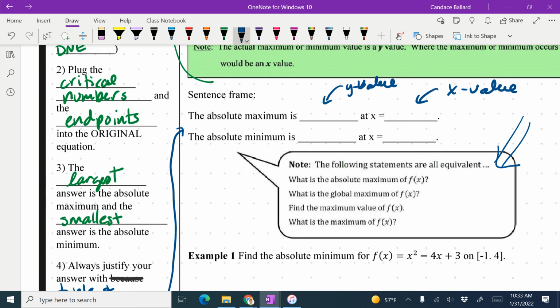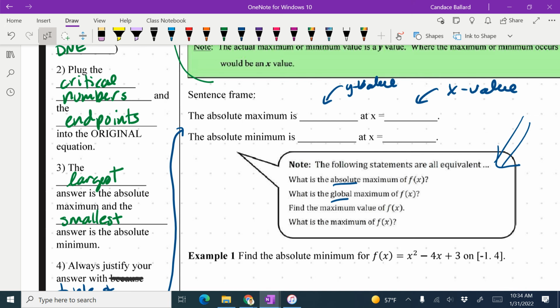You probably didn't learn it last year because I think I skipped over the lesson last year, but hopefully you figured out by now that the word absolute and the word global are interchangeable. It's trended more towards absolute, but that doesn't mean they can't bring the word global back for us on the actual AP test. So they're interchangeable.